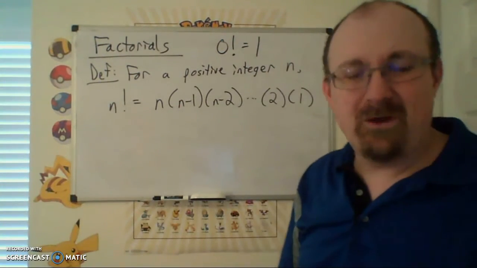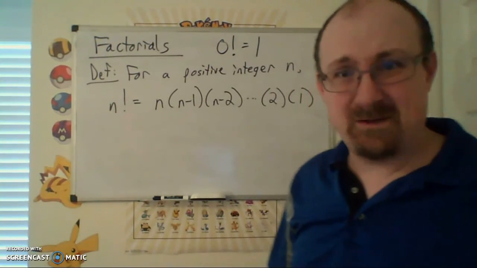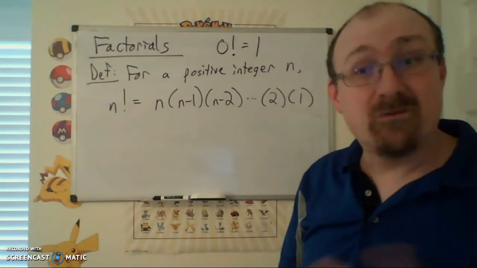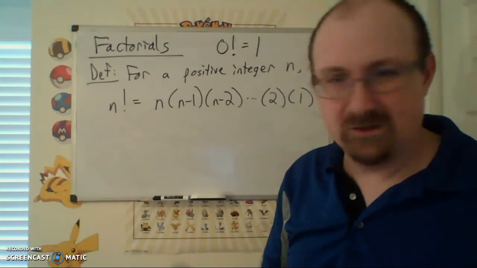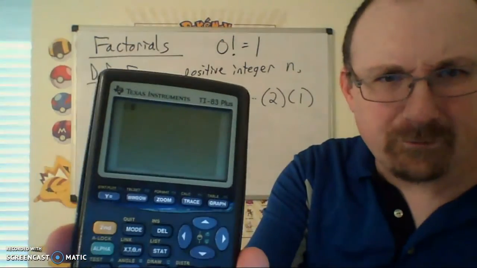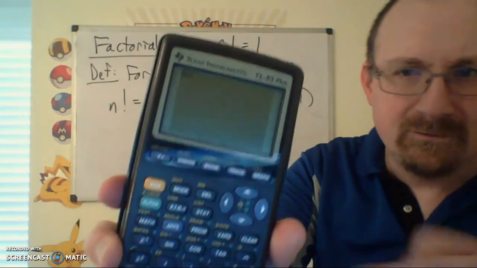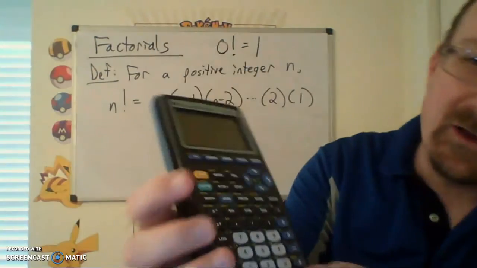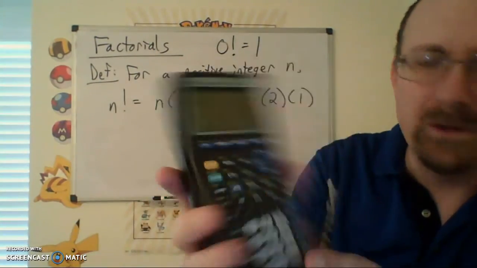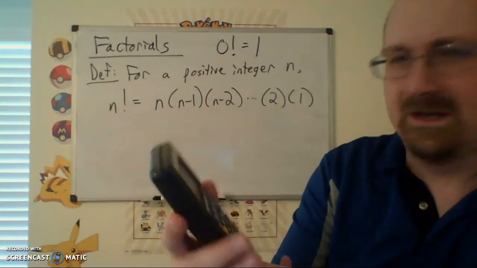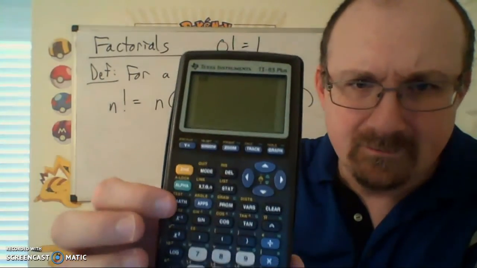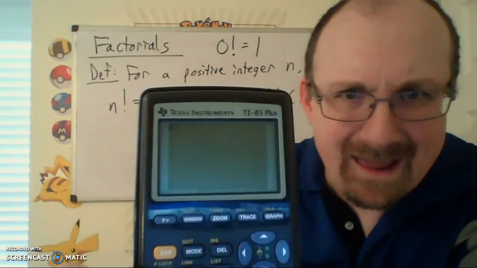As it turns out, most calculators that I would expect you to be using in this course have a button that will do a factorial for you. So I've got my TI-83 right here. You'll see I've already got the 6 from that last example written in. So to get to the factorial, well, shoot. Managed to mash a random button there. We're going to want to hit the key labeled math.